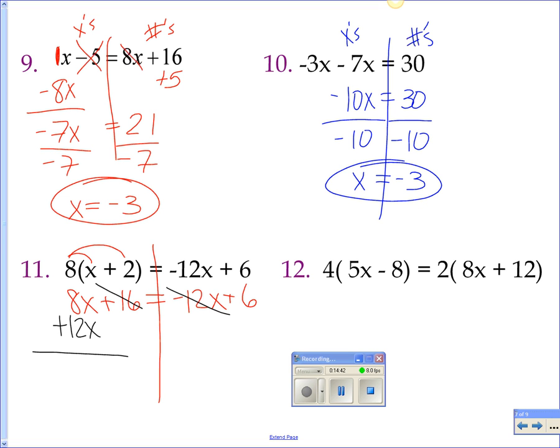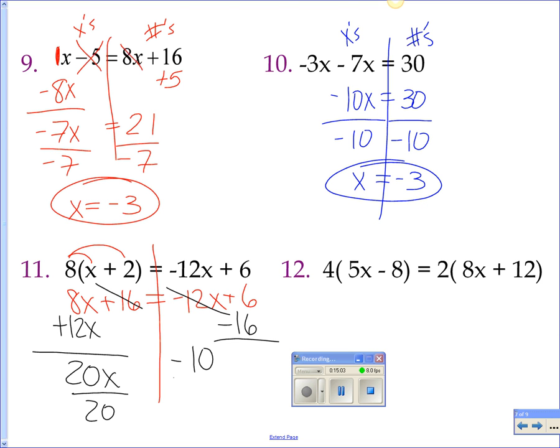It becomes? Do you see that? Okay. Ashley C, sorry, hold on. So 8x plus 12x is 20x. 6 minus 16 is -10. And Ashley C, what would you have to do next?